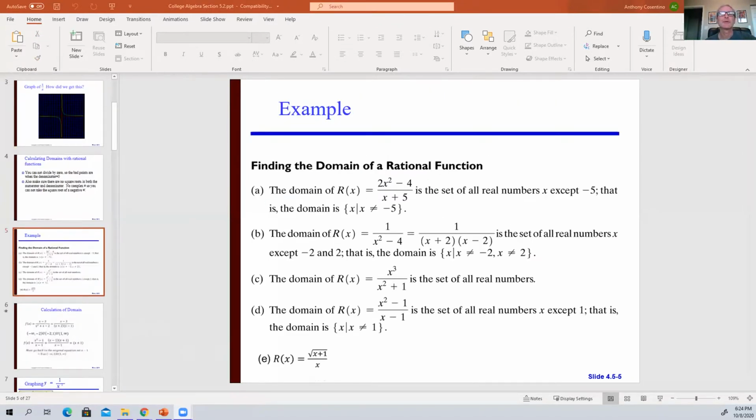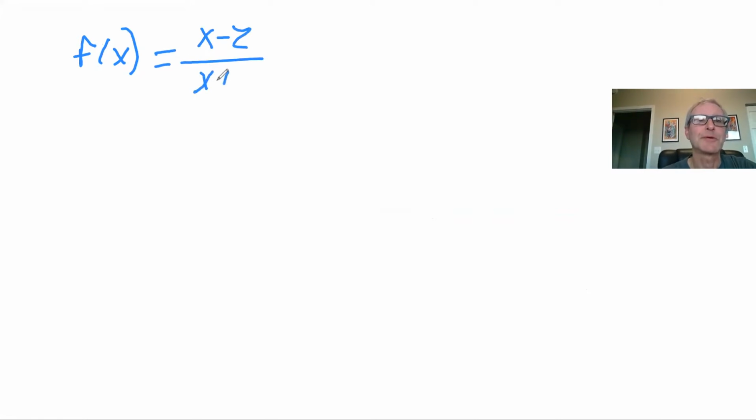So let's go through a couple examples, and I will do these on the whiteboard here. So when we get to the whiteboard, let's take a look at a function that looks like this. F of x equals x minus 2 over x plus 3. So original equation, you want to make sure that the denominator does not equal 0.